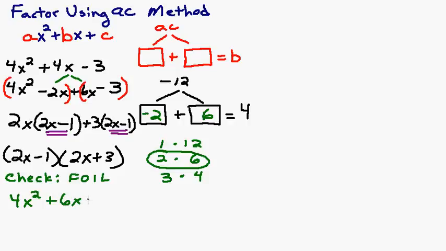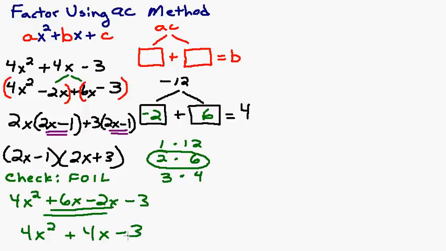Negative 1 times 2x would be negative 2x. And negative 1 times 3 is negative 3. Notice these four terms are the same as the four terms up here when we split our middle term. The 6x and the negative 2x are in a different order, but that doesn't really matter. Then we can combine like terms, so we end up with 4x squared plus 4x minus 3, which is what we started with. So it all checks out.